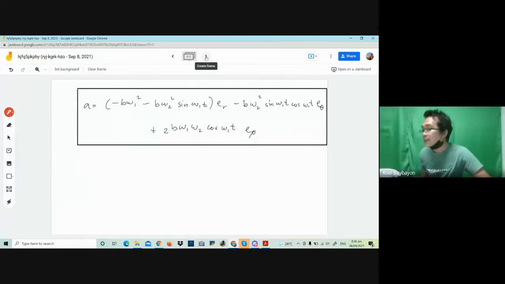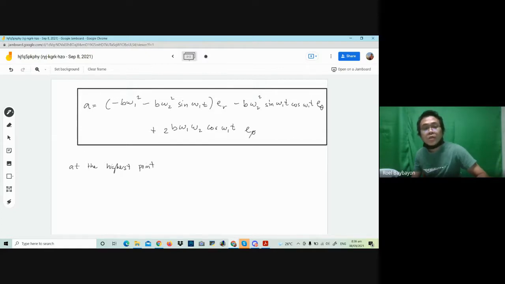So what do you mean by at the highest point? At the highest point on the wheel, it means that your theta is actually equal to 0, meaning your omega 1 t is equal to 0. As you can see here, you measure your theta from here, and it rotates toward there.